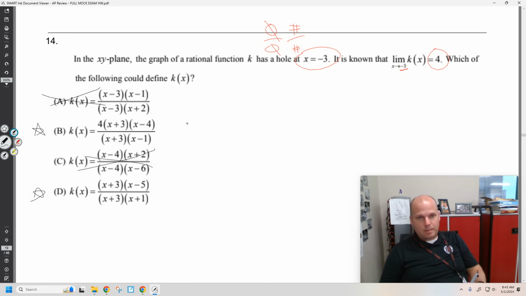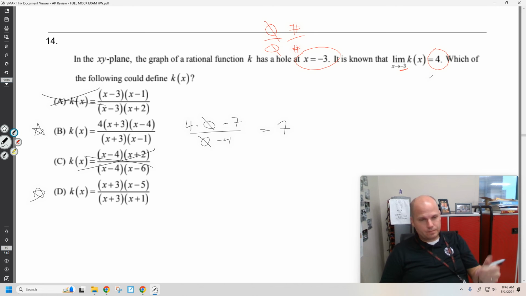This is when you think about plugging in stuff close to -3. Now, when I plug in stuff close to -3, I'm getting something close to 0. It's not 0, it's close to 0. I'm getting something close to -7, getting something close to 0, and I'm getting something close to -4. Now, when I cross out those numbers close to 0, I get a number that is close to +7.